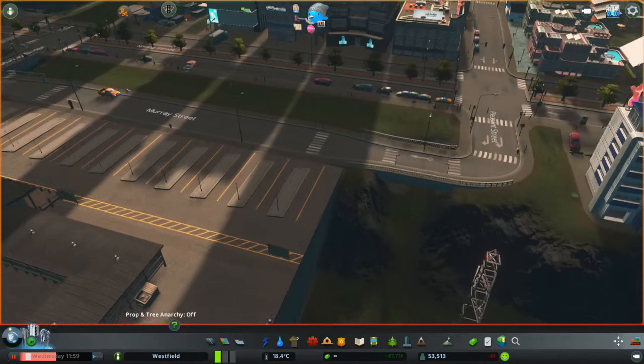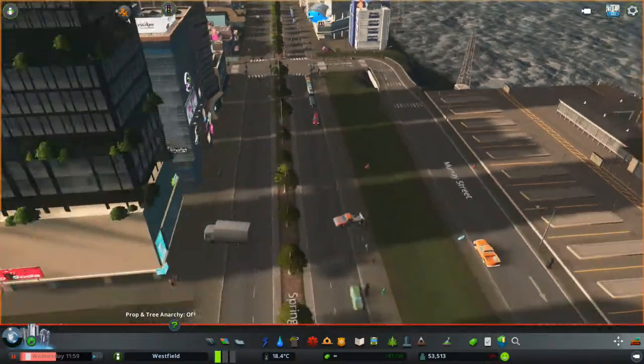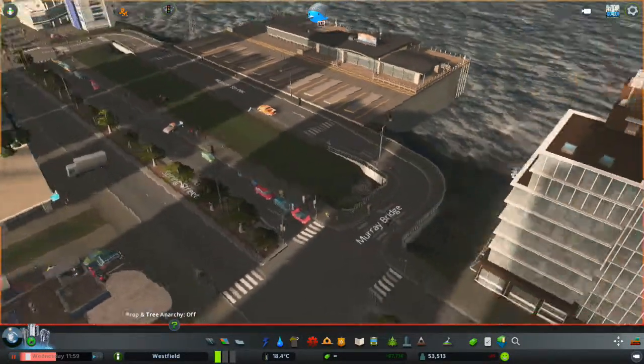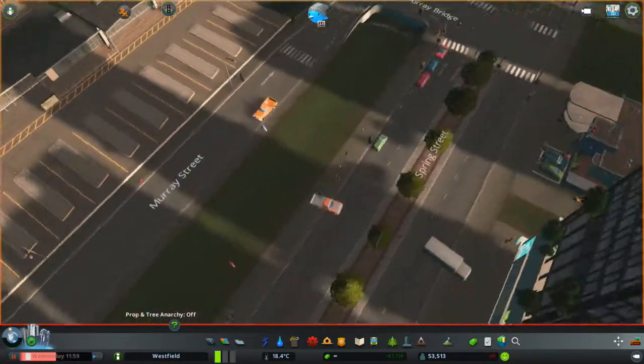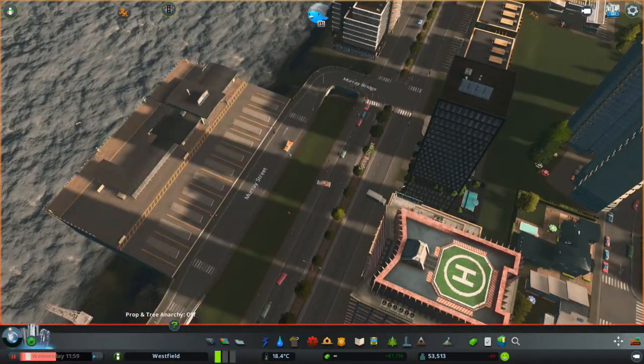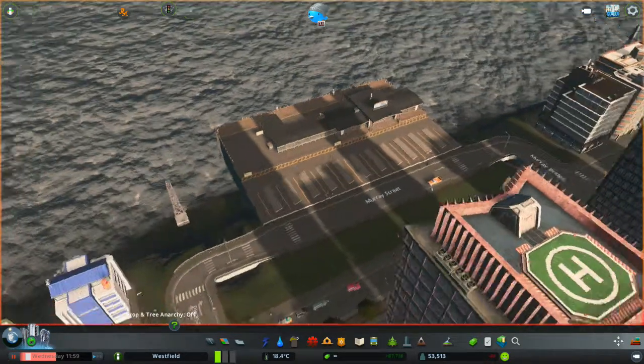Oh, that worked okay. And that's a darn sight better, isn't it? Yeah, that's much better. And this one at this end, there's no problem with that. That's already raised up. So here you can see we've now got the starting point for ferry and bus stop.